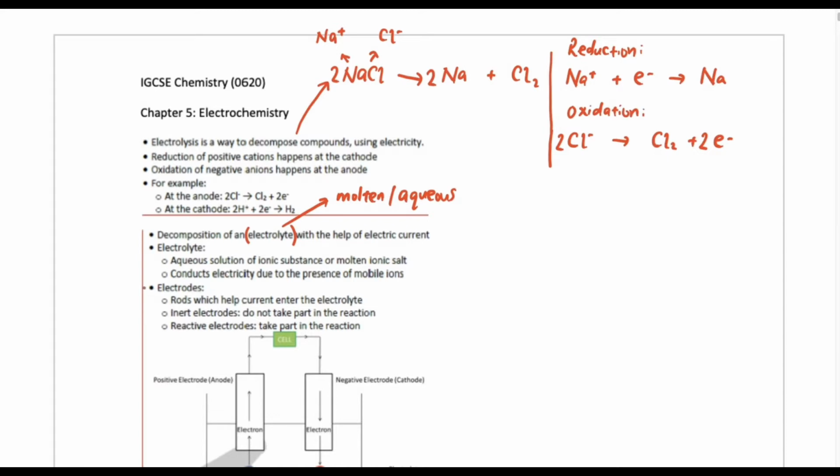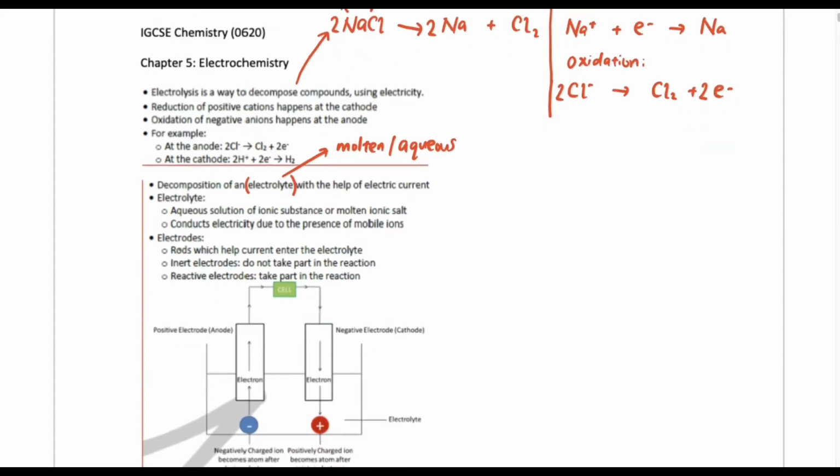Okay, then we see the next point, electrodes. So you can see the setup of the electrolytic cell is like this. We put the electrolyte here. The electrolytes have free mobile ions that are free to move.